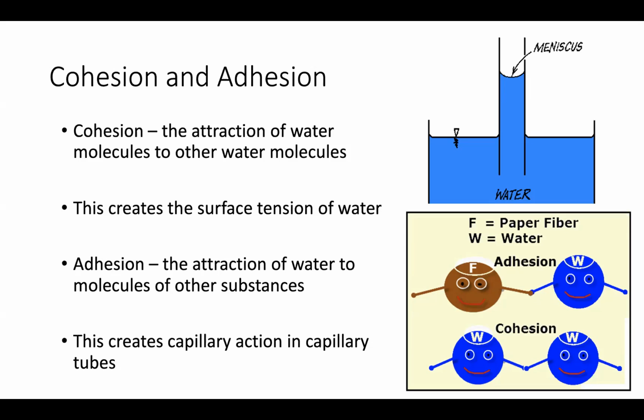If you have a spill on the table, you can clean it up with a paper towel. If you dip the paper towel so it's barely touching the spill, the adhesive forces between the water molecules and the paper towel will actually cause the water to move up the paper towel.